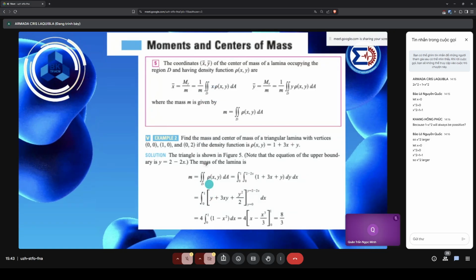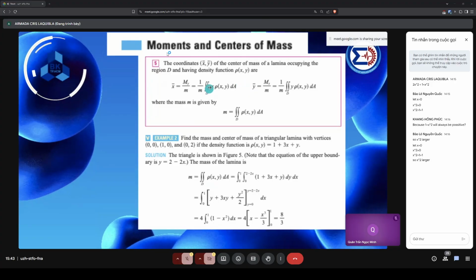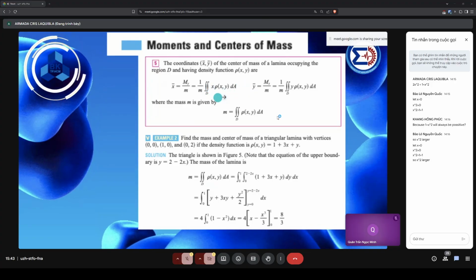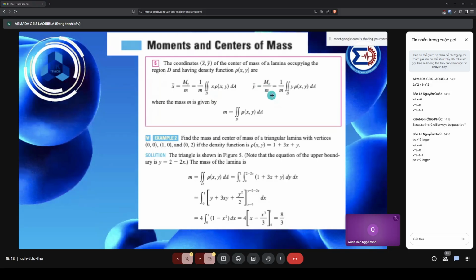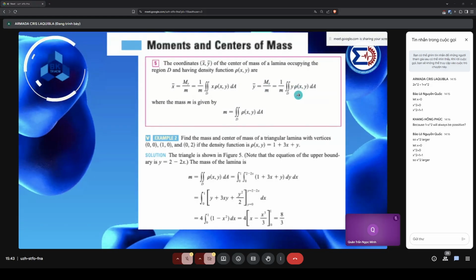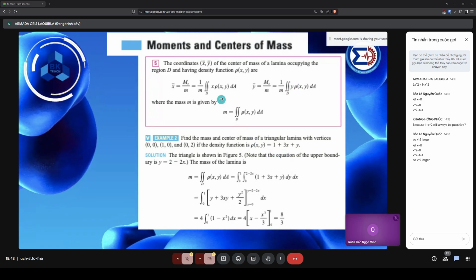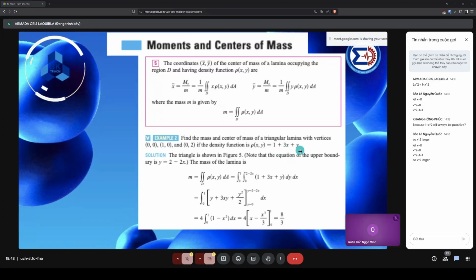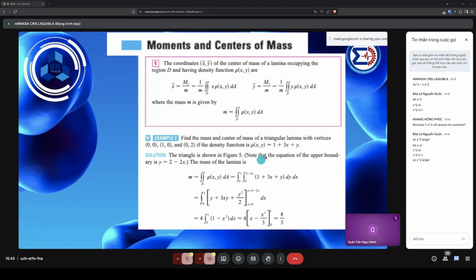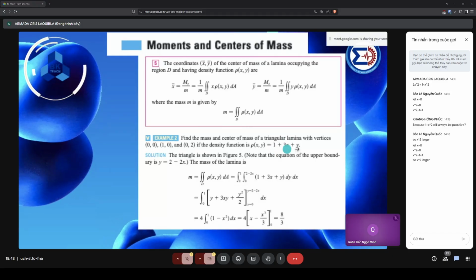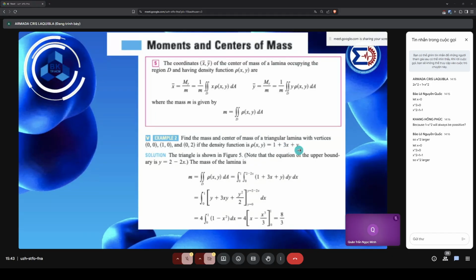So as you can see here, the x bar has an additional x multiplied in the rho function. For the y bar, there's also an additional y multiplied in the rho function. So here, if this is your rho function, when you multiply it with x, this becomes x plus 3x squared plus xy.